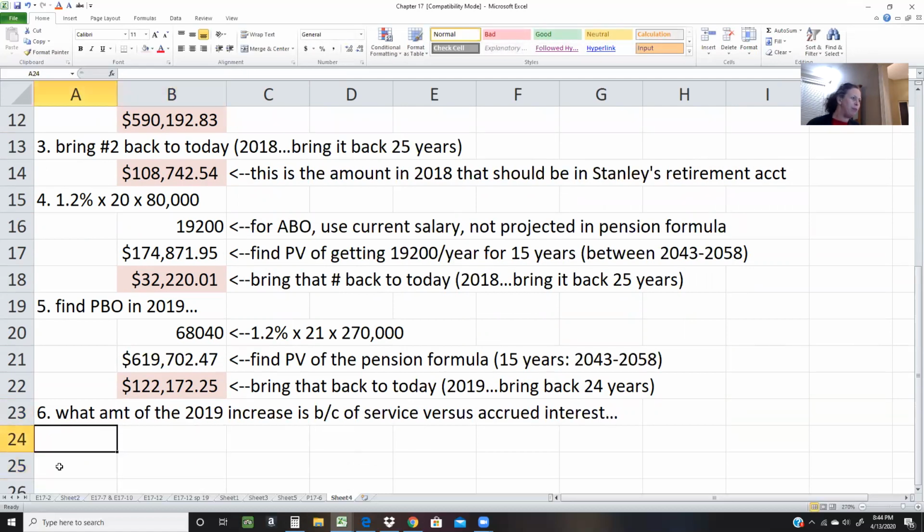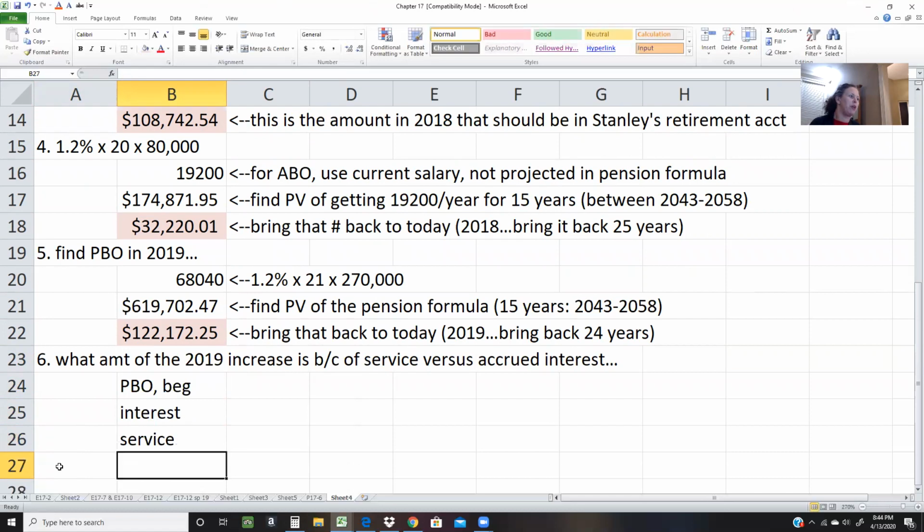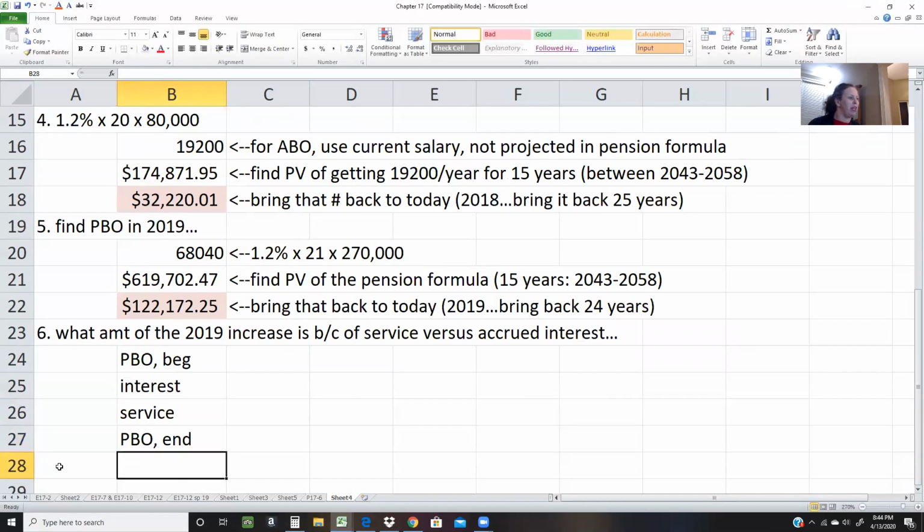So what we would look at is PBO beginning, and then we would look at interest would go into there, service would go into there to get PBO ending. So the two things that always go in the PBO are service cost and interest cost.